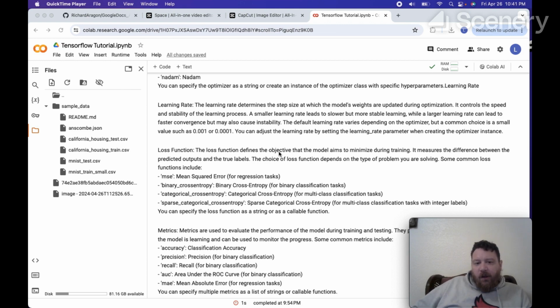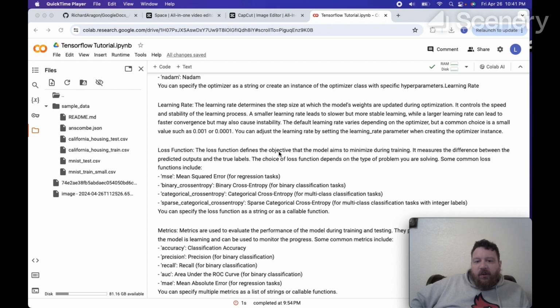The next lever that you can push and pull would be the loss function. The loss function defines the objective that the model aims to minimize during training. It measures the difference between the predicted outputs and the true labels. The choice of loss function depends on the type of problem that you're solving. So this is very specifically what you want to do.